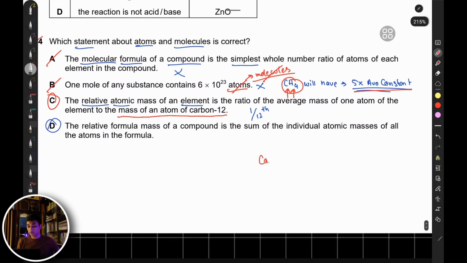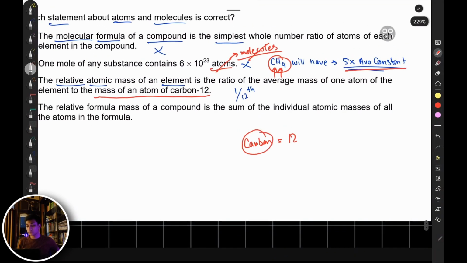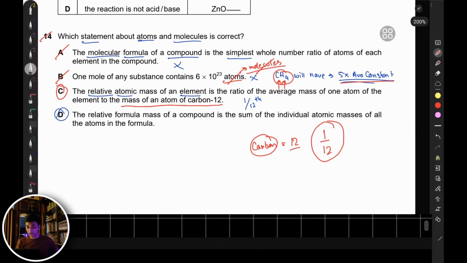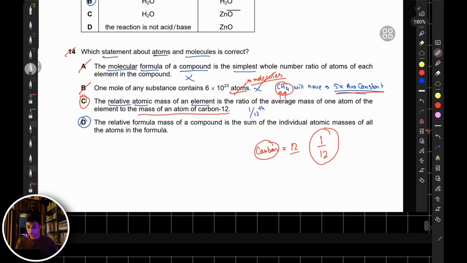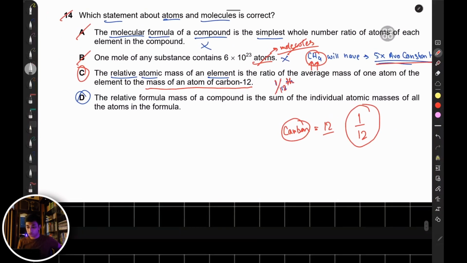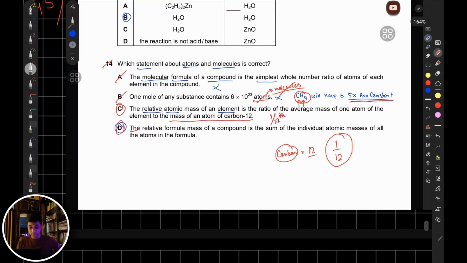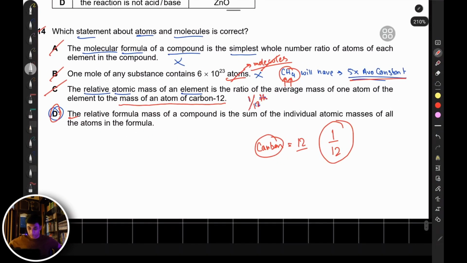Because for carbon, the mass is 12, so it's compared by 1/12. So C is wrong.